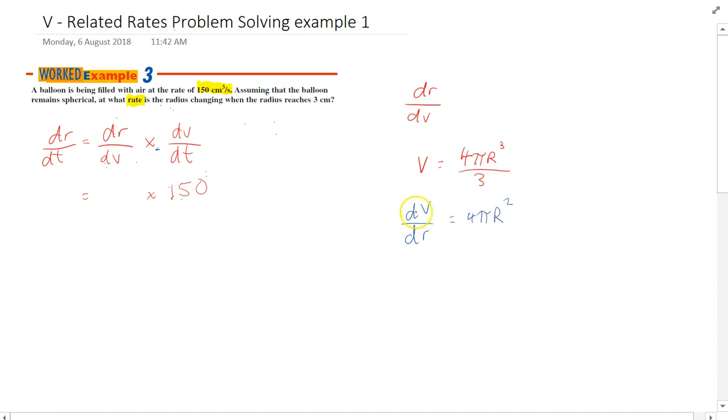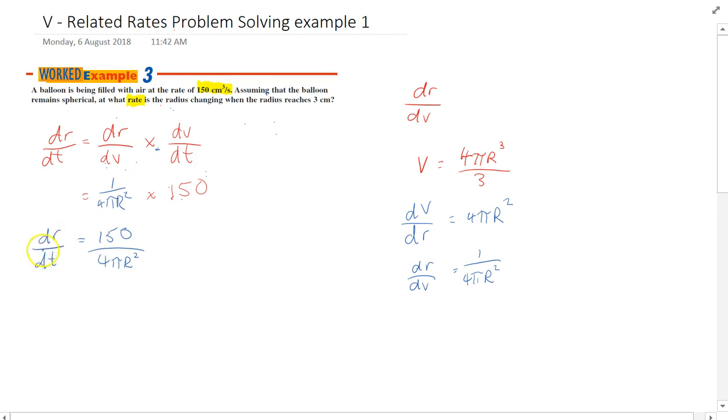But I don't want dV/dr, I want dr/dV. So dr/dV is going to be the reciprocal of that, 1 over 4 pi r squared. So now I have this guy here. So that's dr/dV, that's dV/dt. I wanted dr/dt, which is going to be 150 over 4 pi r squared.